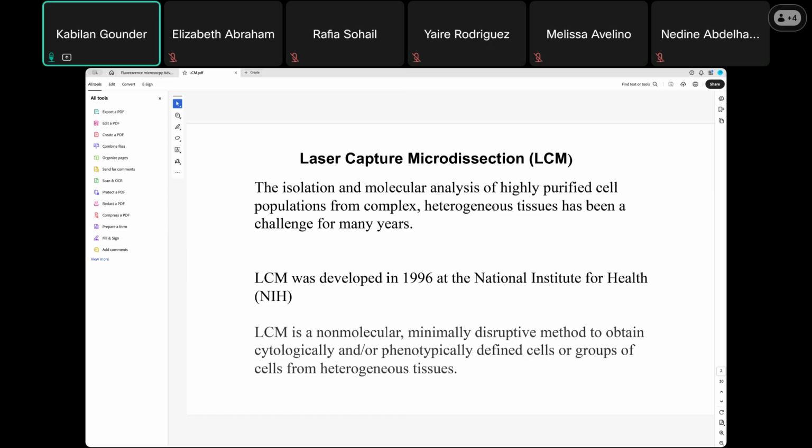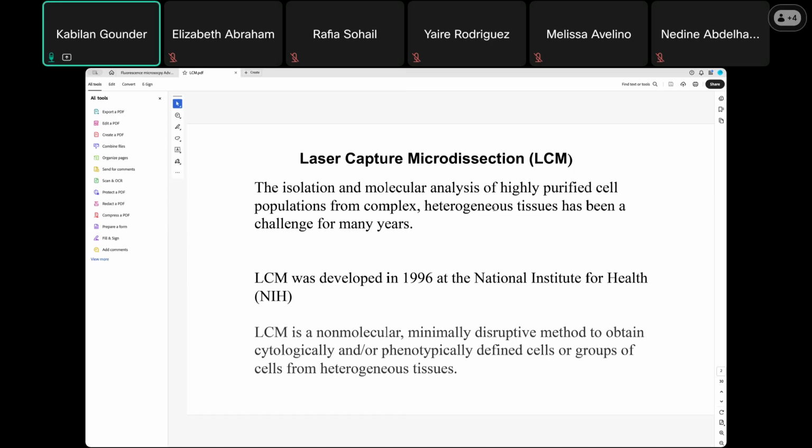So until 1996, this was a challenge. Then LCM, laser capture microdissection, was developed in 1996 at the National Institutes of Health. LCM is a non-molecular, minimally disruptive method to obtain cytologically and/or phenotypically defined cells or groups of cells from heterogeneous tissues.